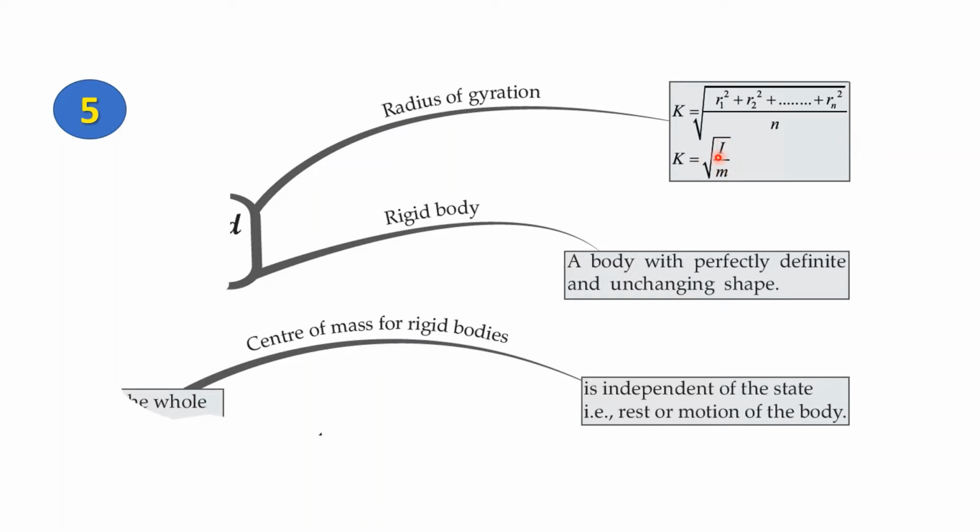So if you divide the inertia of a body by the mass of the body and then take the square root of the value, you will get the radius of gyration. Both these formulae will give you the same value, k, which is the radius of gyration. With the radius of gyration, we will be completing our section called system of particles, which is regarding the motion of an extended body.